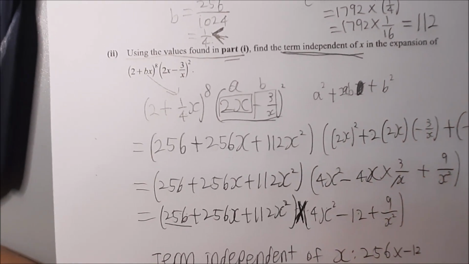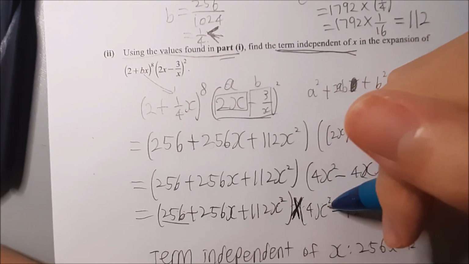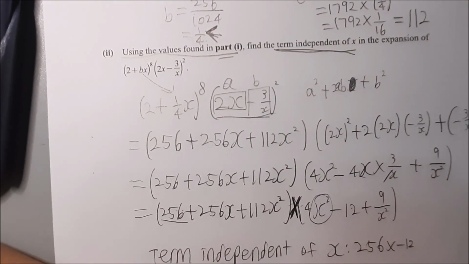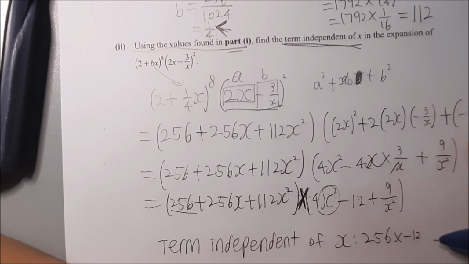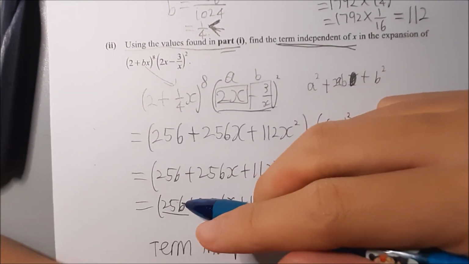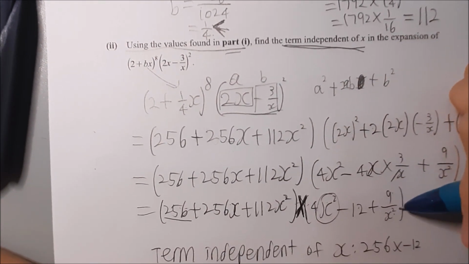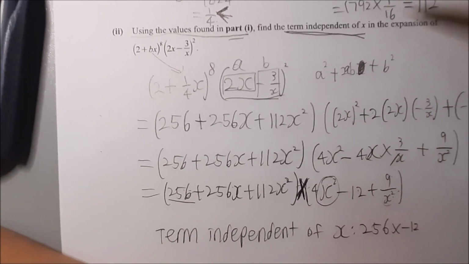Because if you do 256 times 4x squared, there is still an x squared remaining there, so that doesn't count. So you do 256 times minus 12, and then the next one, if you do 256 times 9 over x squared, it still has x squared. It still contains the value x, so it doesn't count.